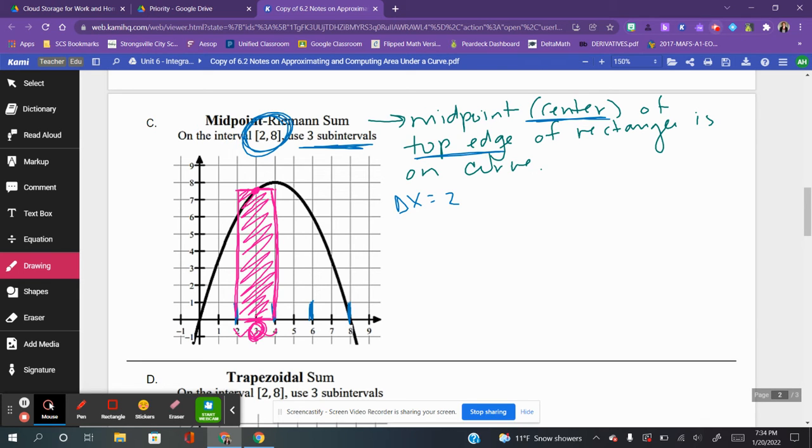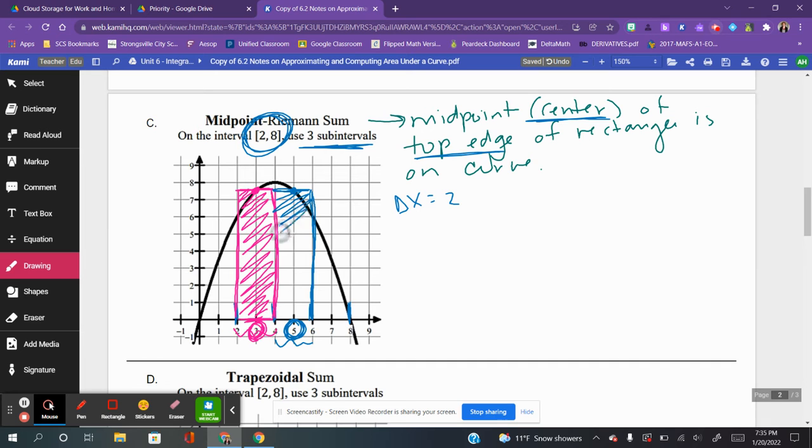Okay, so let's do the next one. Again, I have to look at the center of this subinterval from 4 to 6, and the x in the center is 5. So I'm going to go up to 5 on my curve, and then draw my rectangle so that it's going through that point on my curve at the center, at an x value of 5.